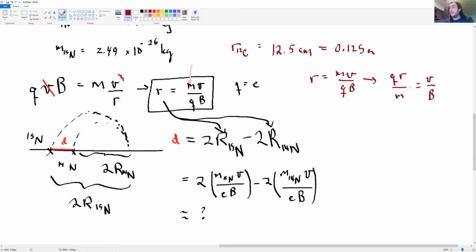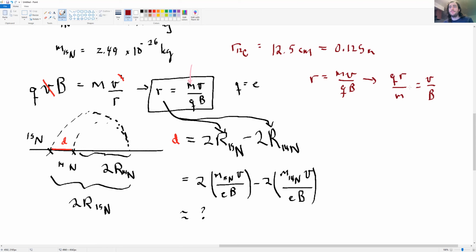So you could have N15 isotopes with different radii for their circular motion. That would completely ruin the idea behind a mass spectrometer, right? You want those isotopes to land always in the same spot. So you make sure that you have the same velocity for all those particles, and that includes all the isotopes together, right?